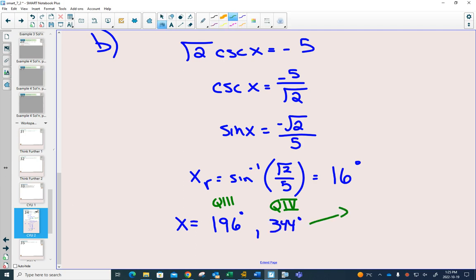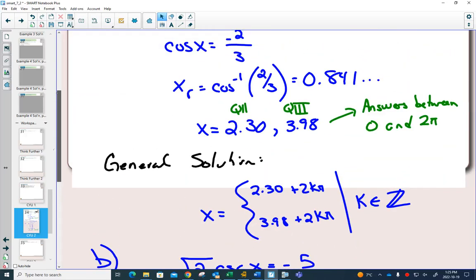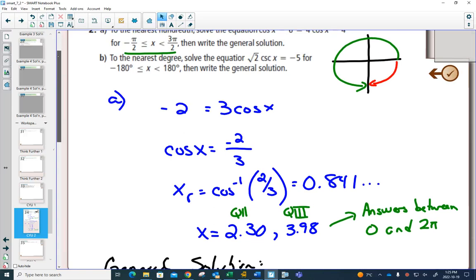Again, just like the first question where we solved between 0 and 2 pi, in degrees, we just solved between 0 and 360 once around.